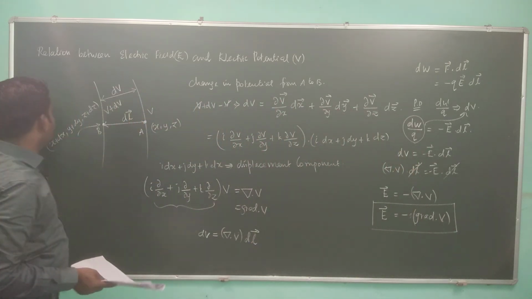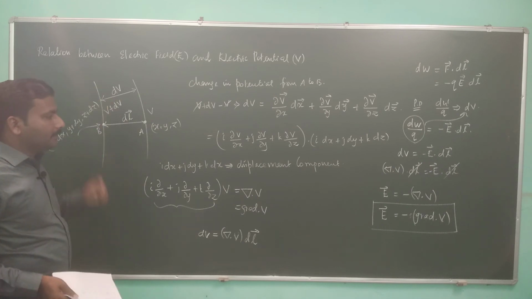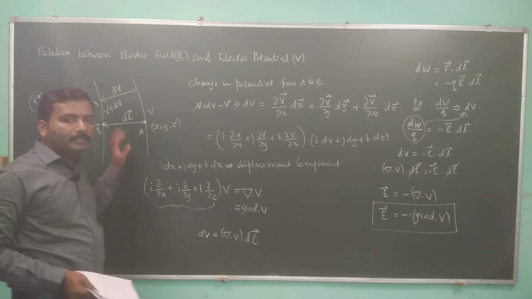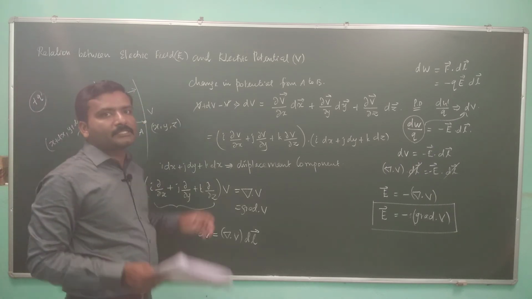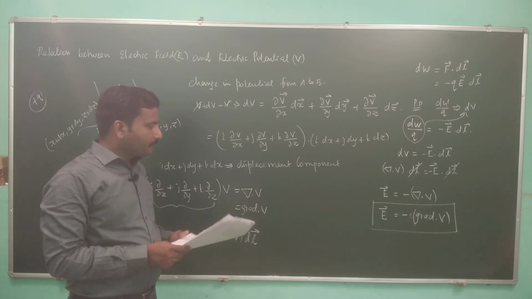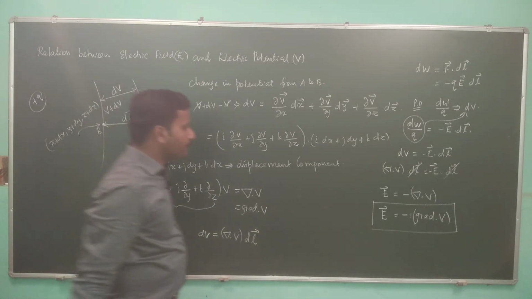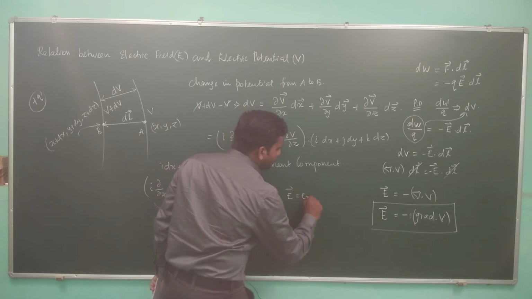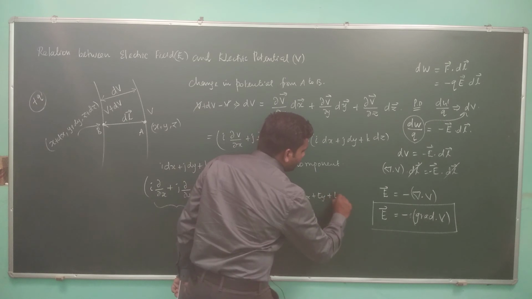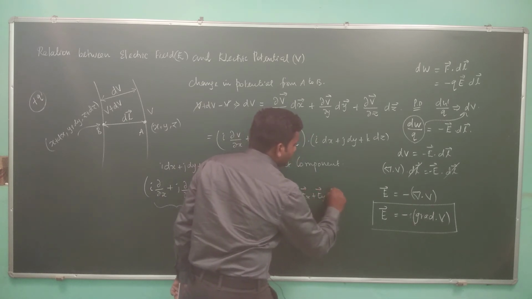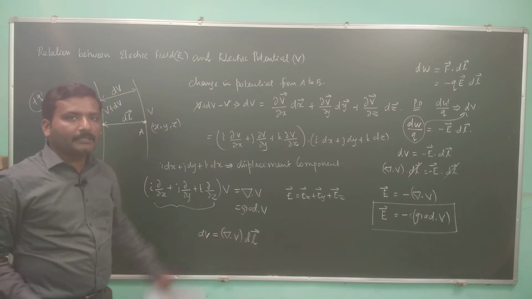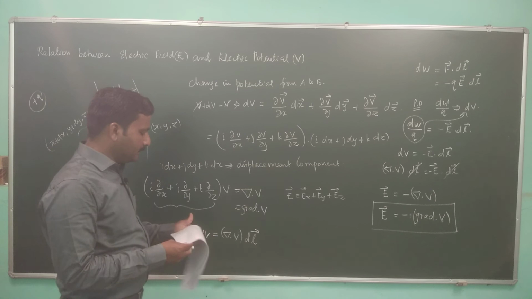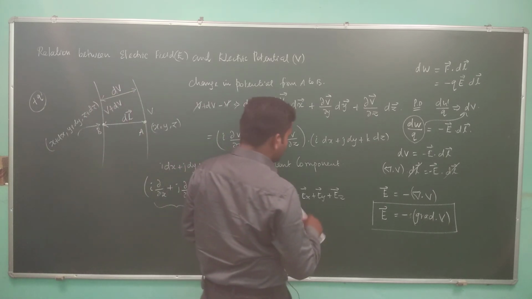The electric field is due to the charge plus Q, and the electric potential is the potential energy at a point somewhere within this electric field. Now you see, the electric field E vector has three components: X component, Y component and Z component. If you separate it out for X, Y, Z coordinates, then we can compare this with the potential.